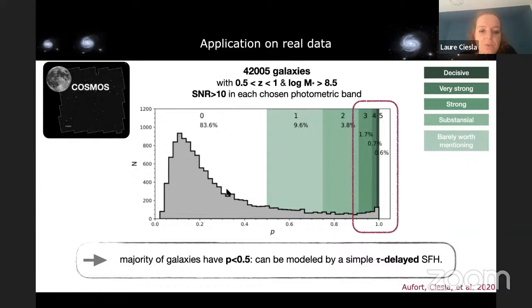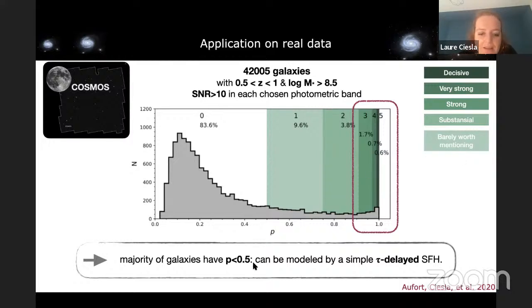And this is the distribution of the real galaxies. It's the same thing that I just showed you. This is the probability of a galaxy to have experienced a burst or a quenching very recently. And what you see in green is what we call the Jeffrey scale. It's just a typical scale telling you if the probability provides you a decisive information, very strong information, strong, substantial, or barely worth mentioning.